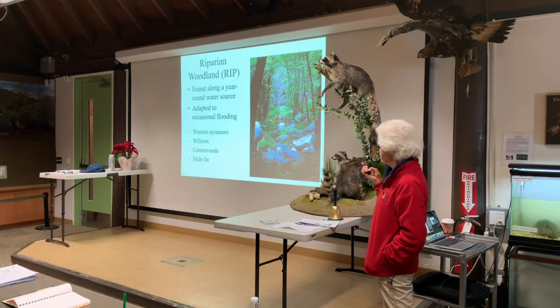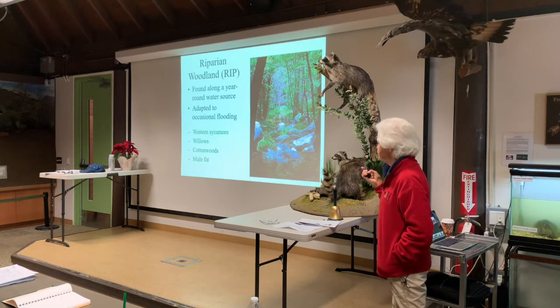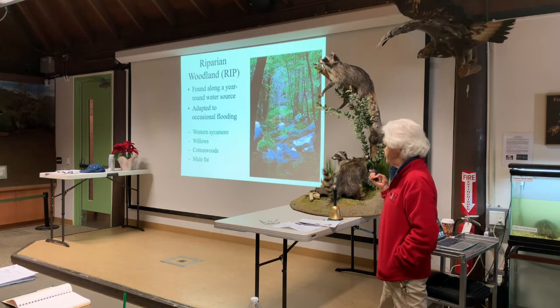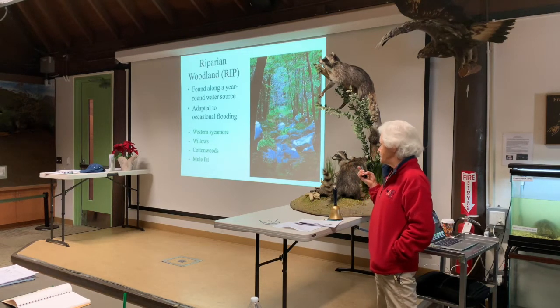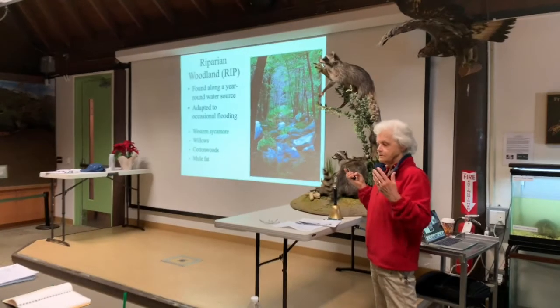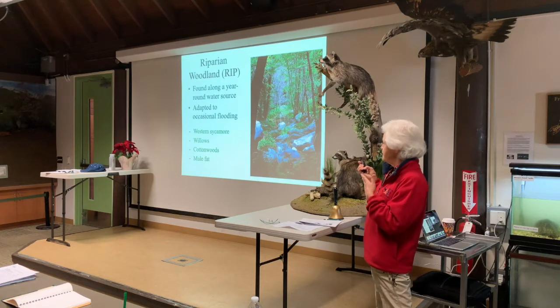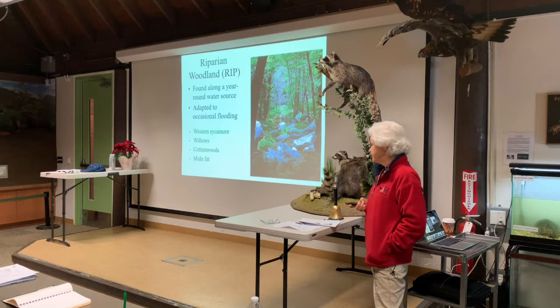Examples are willows and cottonwoods, which very definitely need water. Now they do have pretty deep roots, so if you have an occasional drought, you could still find them where there is no water.